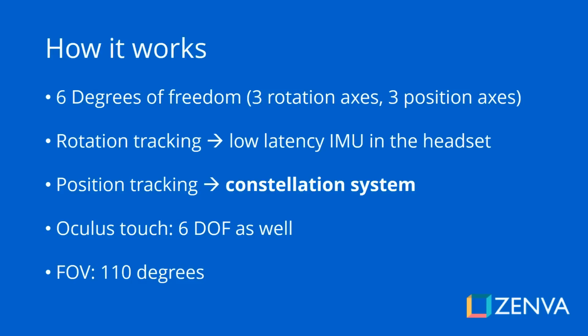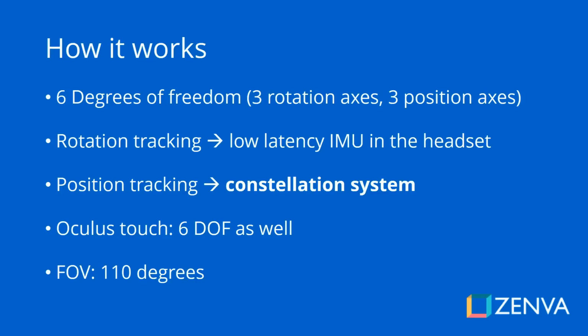The way that the Oculus works, the headset itself has 6 degrees of freedom. This includes 3 rotation axes and 3 position axes. For the rotation tracking, the headset has a low latency IMU. IMU stands for Inertia Measurement Unit, and it is the main sensor used in virtual reality to detect where you're looking.